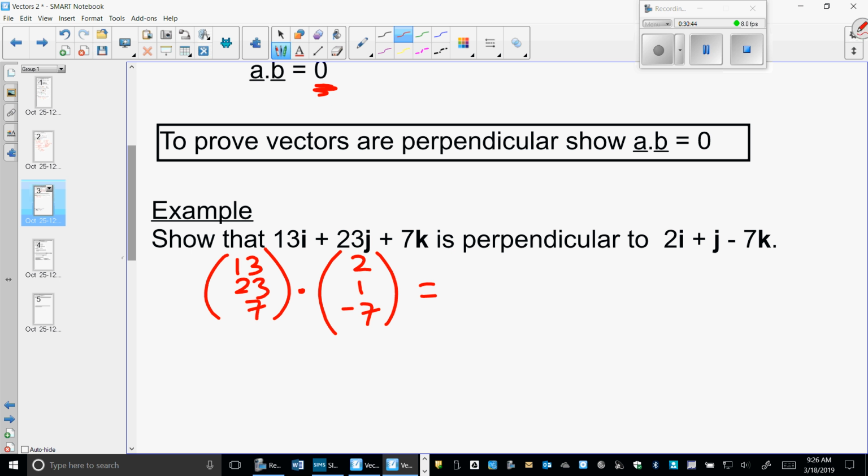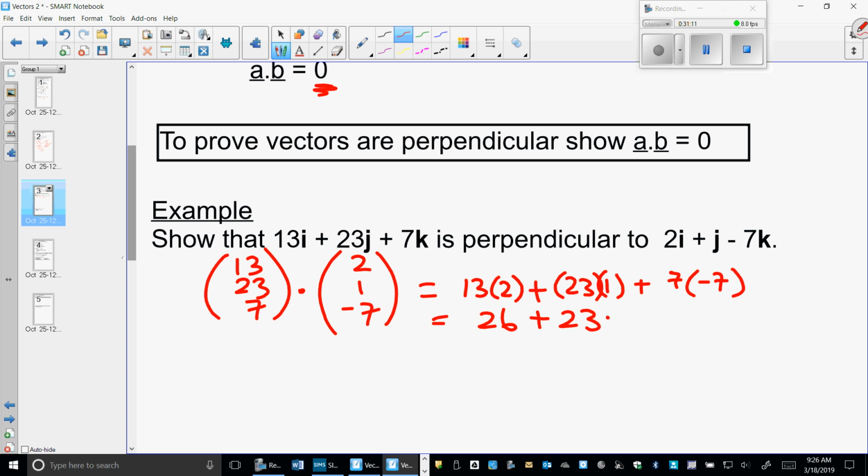So Cameron, how do you find the dot product again? 13 times 2, plus 23 times 1, and plus 7 times -7. So 13 multiplied by 2 is 26, plus 23 times 1 is 23, and 7 multiplied by negative 7 is negative 49.